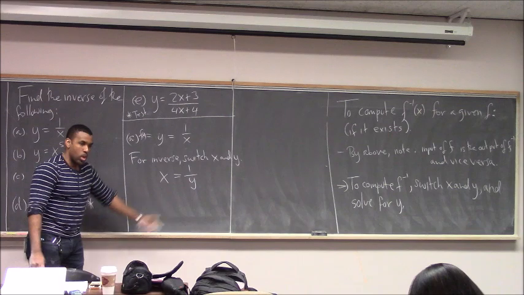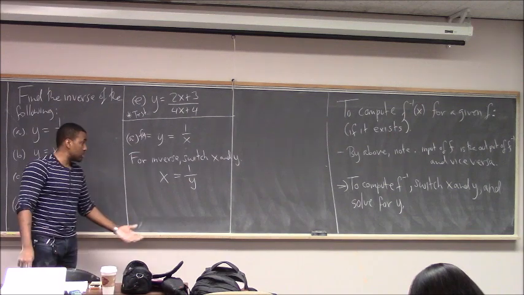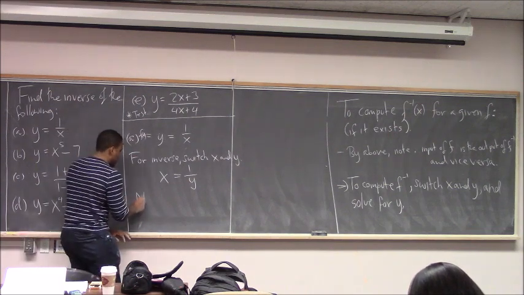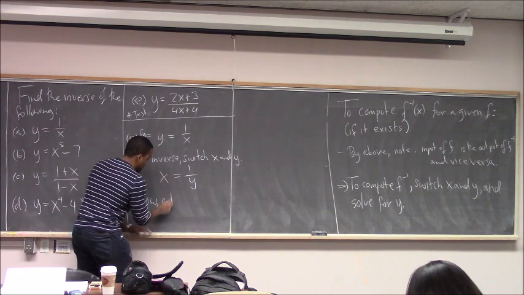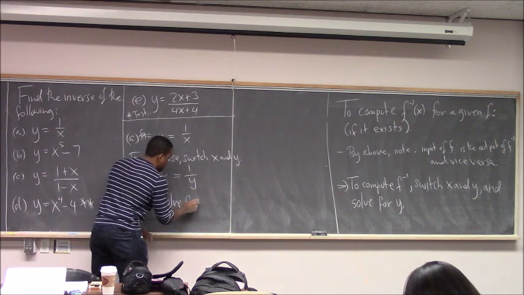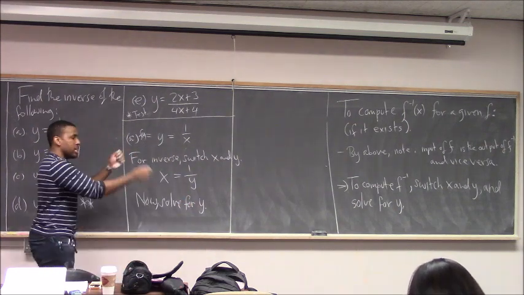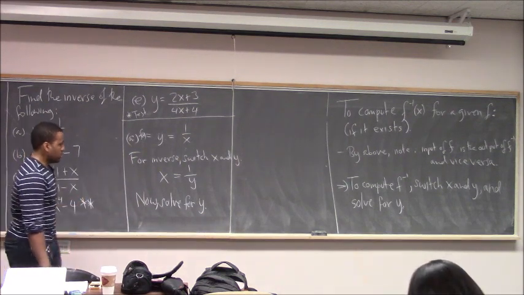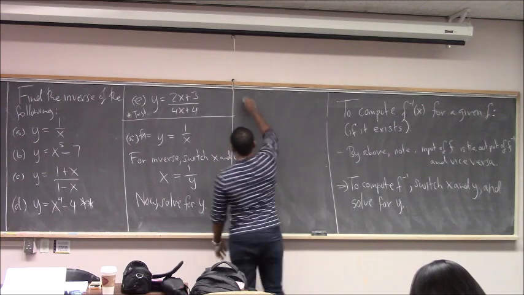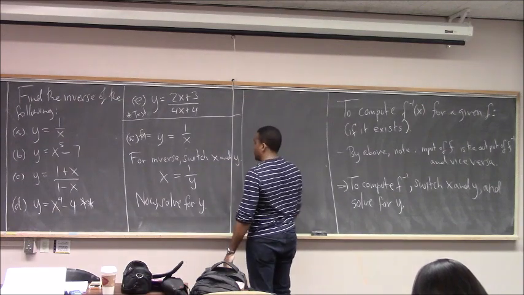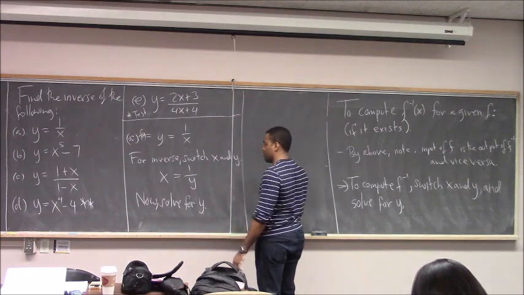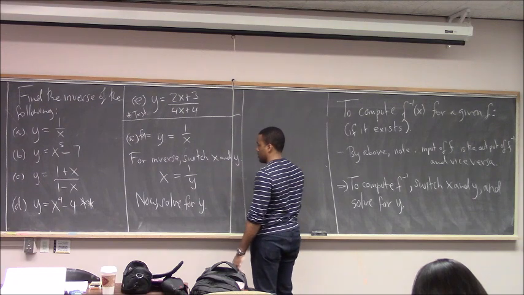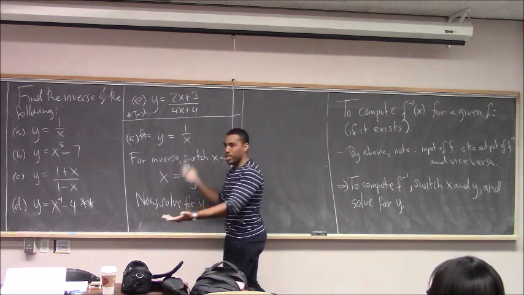Everywhere you see an x, you write a y instead. Everywhere you see a y, you write an x instead. And so now, solve for y. Because it's like you want the input to become the output, and then you want to write the function in terms of the output. How do you solve for y here? Tons of ways you can do it. Like cross multiply.